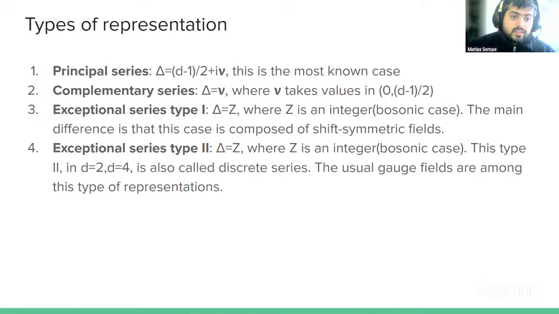But the exceptional series is not so well studied in AdS, especially type 1, because type 1 is composed of shift symmetric fields. Shift symmetric fields are something that in AdS, for example, doesn't get so much attention, because the only shift symmetric field that is unitary in higher dimensions is the massless one.